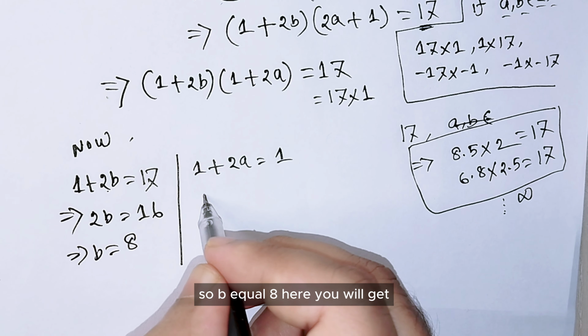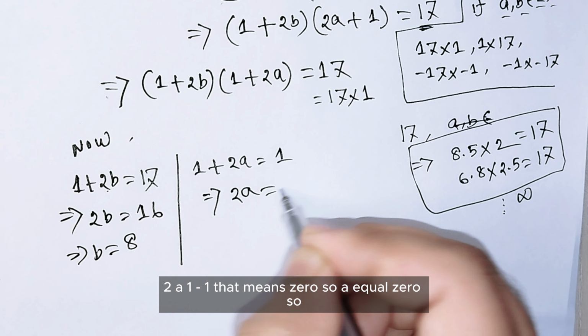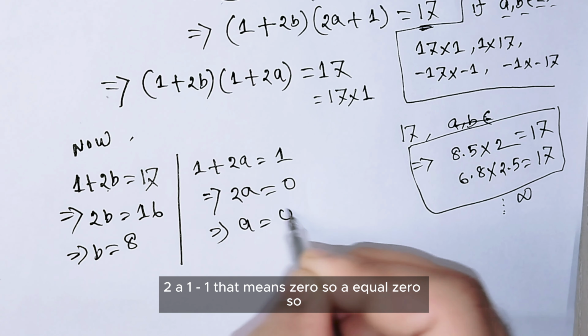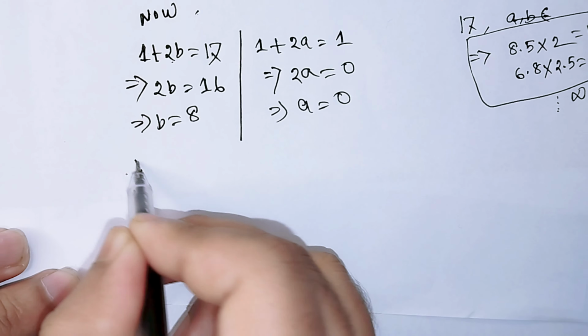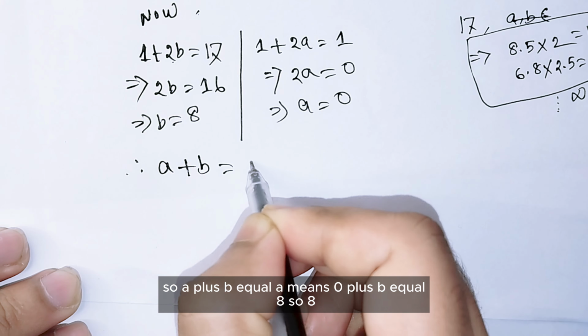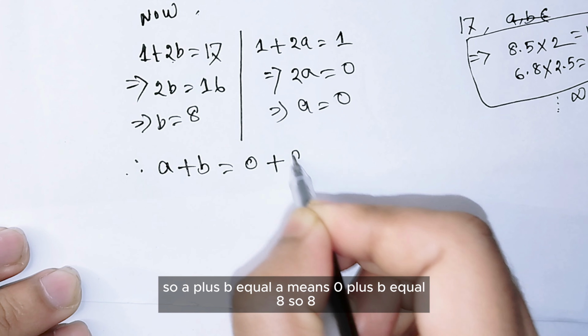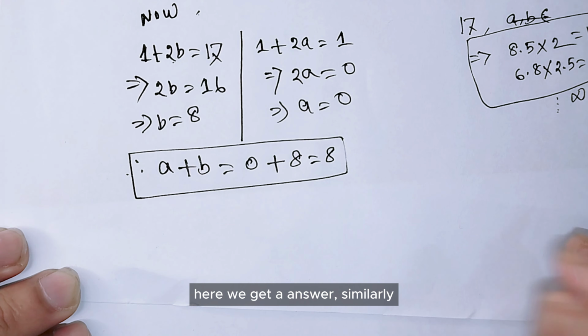Here you will get 2a equal 1 minus 1, that means 0. So a equal 0. So a plus b equal what? a means 0, plus b equal 8. So 8. Here we get an answer.